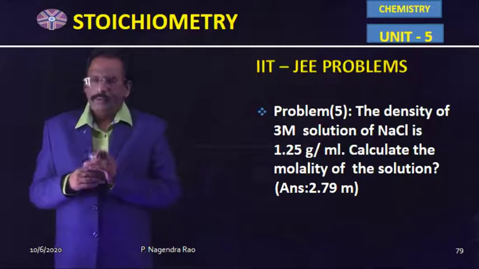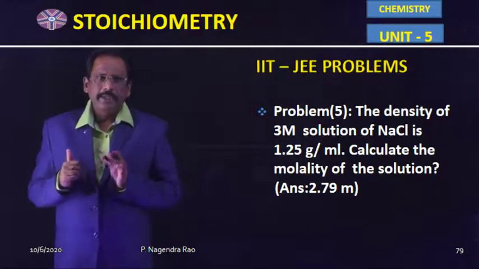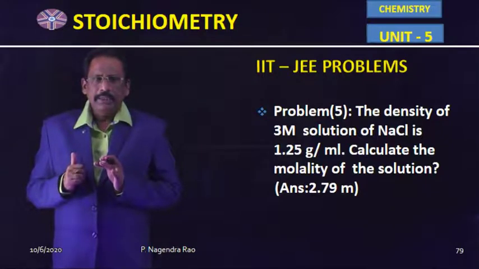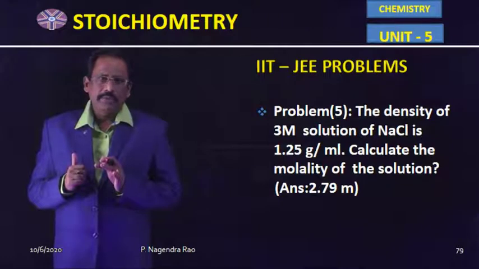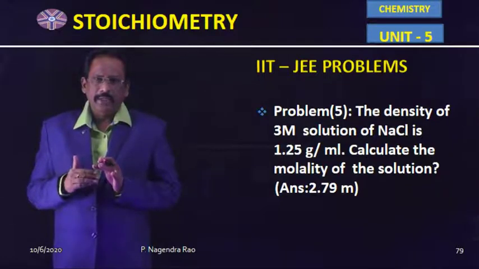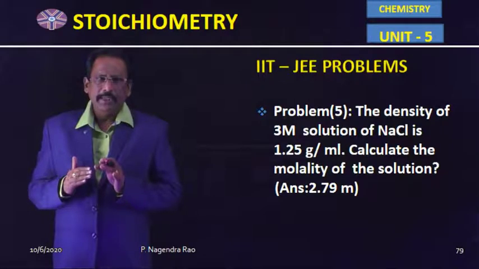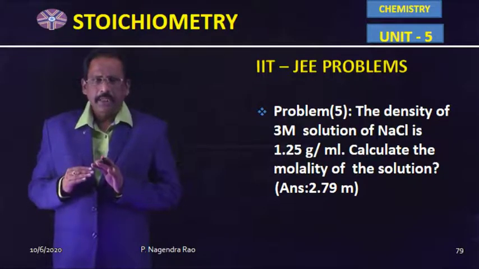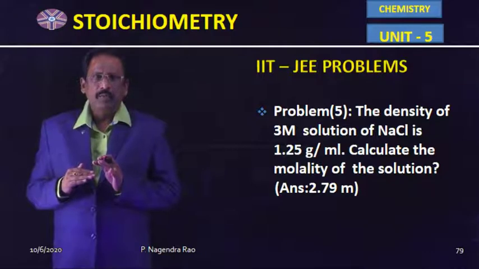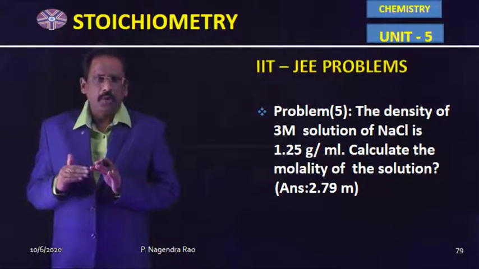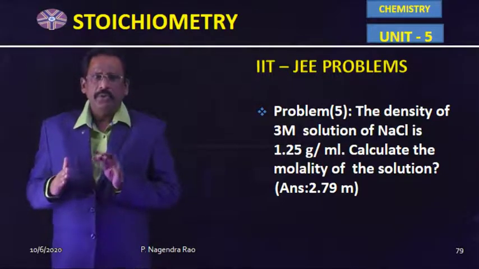In this problem, the density of a 3 molar solution of sodium chloride is 1.25 grams per ml. Calculate the molality, that means small m, of the solution.